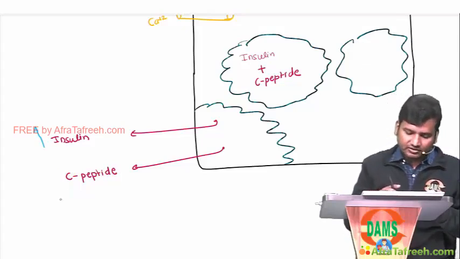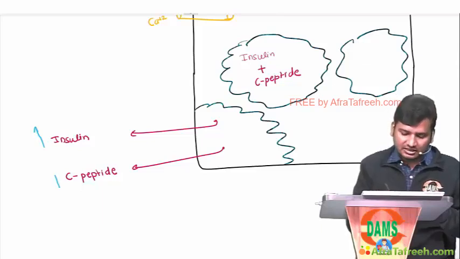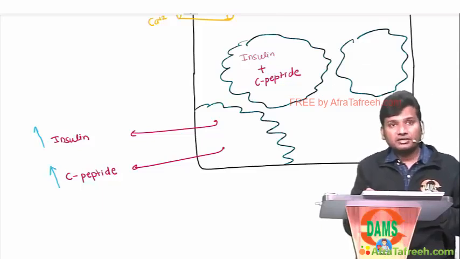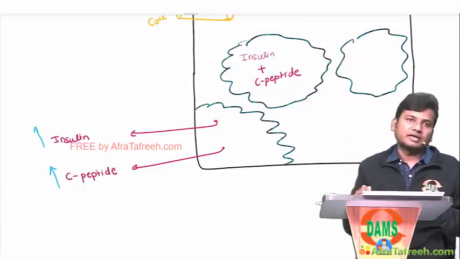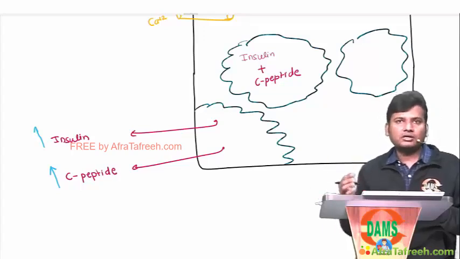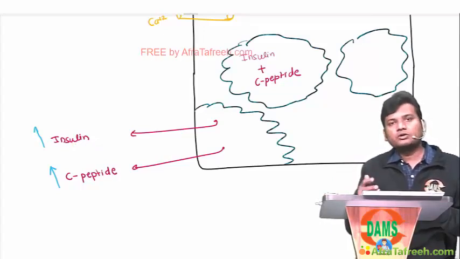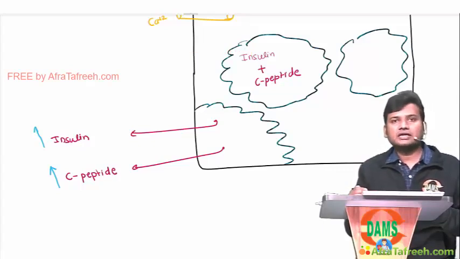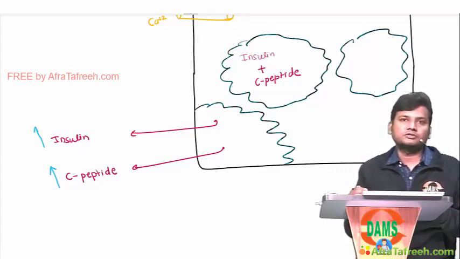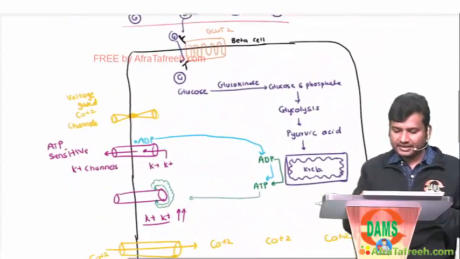And if they give you that the patient has hypoglycemia and insulin is increased with C-peptide, it means the patient has increased endogenous secretion of insulin. It means the patient may have a tumor called insulinoma, which is secreting a lot of insulin. Or second possibility, the patient has taken a drug like sulfonylurea, which can cause increased secretion of insulin by beta cells.